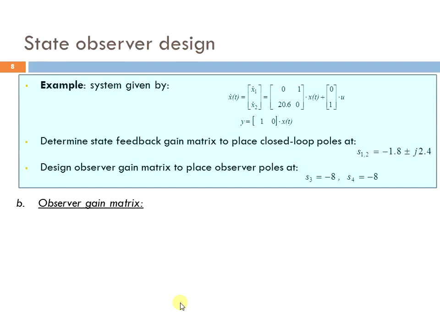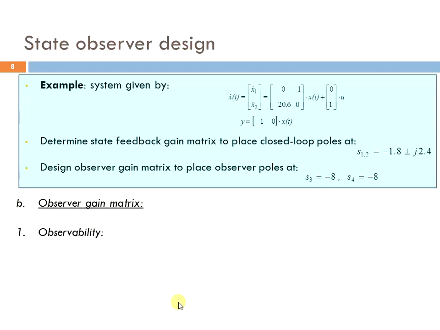Then we can move on to the observer gain matrix design. We will see that the observer gain matrix design is in many ways similar to the state feedback controller design. In this case, the first step is to determine whether this system is fully observable.